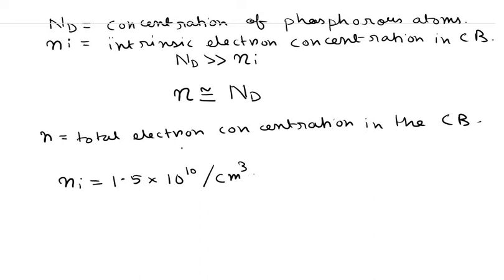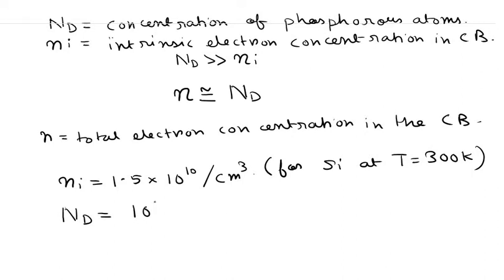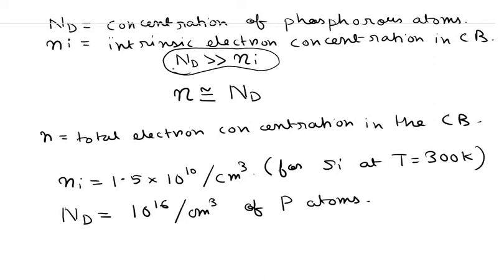Now let us assume that we have doped this silicon with phosphorus, let us say 10 to the power 16 per centimeter cube of phosphorus atoms. Okay, so this condition that Nd is much greater than Ni holds now.